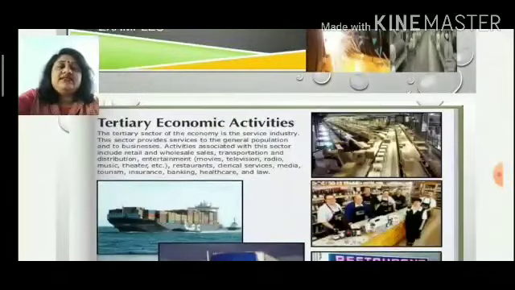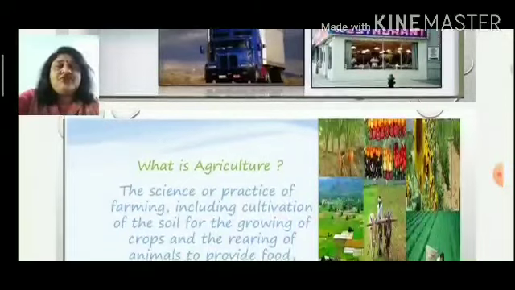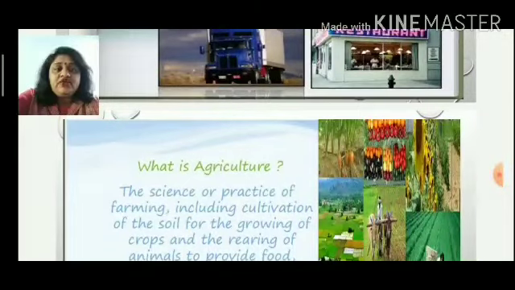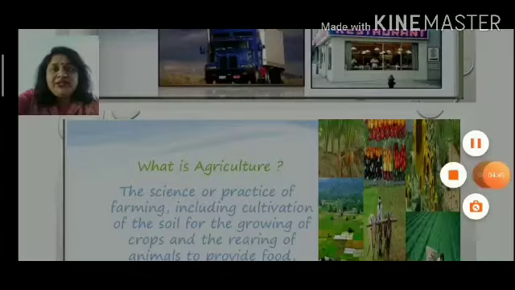Tertiary activities, see, we can see here supplying of the ready-made goods. Whatever goods are being manufactured in the industries, the supplying work, financing and all work comes under tertiary activities. So children, up to here only, revise it, and next we'll meet in the next class.